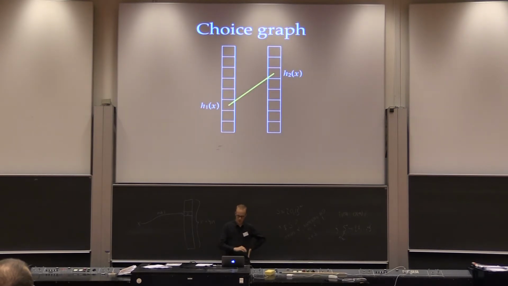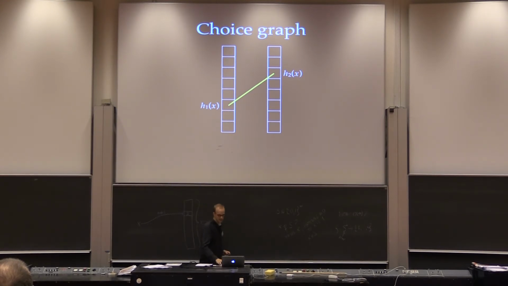So we're going to use 2 hash functions. And whenever you have 2 hash functions, you can associate a graph with the hash values. Okay? So for a particular key, we associate an edge that connects a vertex given by one hash value to a vertex given by the other hash value.